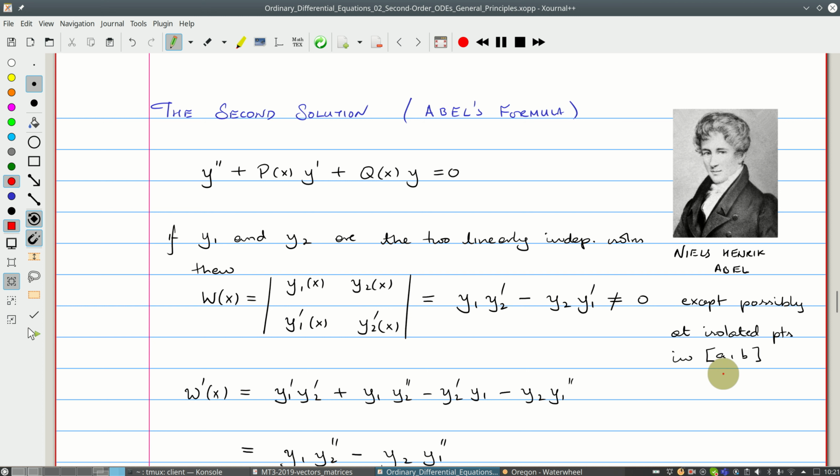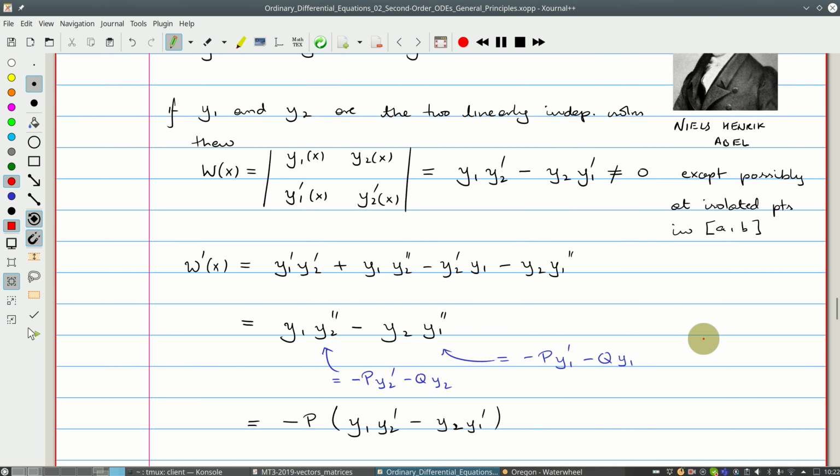Now I keep saying this, eventually I'm going to stop saying this, but I want to drill it in. Okay, fine. So now let's differentiate the Wronskian. The first derivative of the Wronskian with respect to x, just use the chain rule on these 2 terms here, ends up as y1 y2 double prime minus y2 y1 double prime. And now we use the same substitutions we saw earlier.